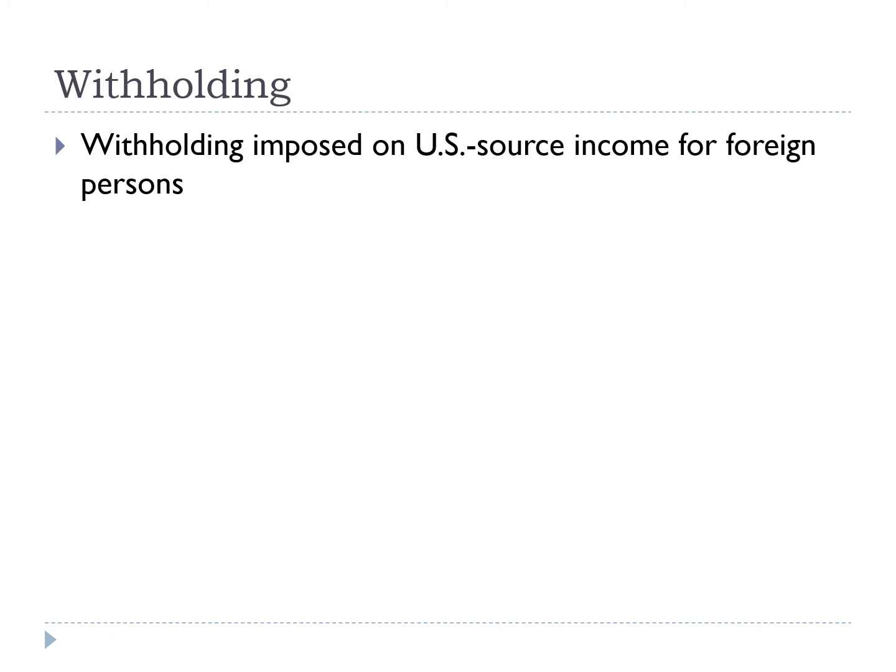Foreign persons, including non-resident aliens, foreign corporations, and sometimes foreign partnerships, are subject to a vast system of income tax withholding on much of the income that is subject to U.S. tax. 30% withholding is required for payers of most non-business income, such as interest, dividends, rents, royalties, and other fixed or determinable annual or periodic income.